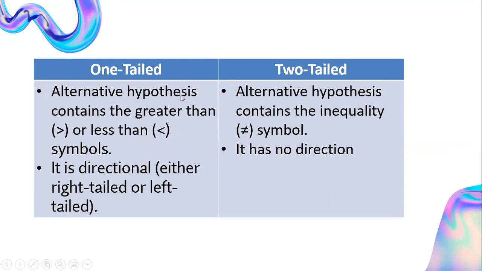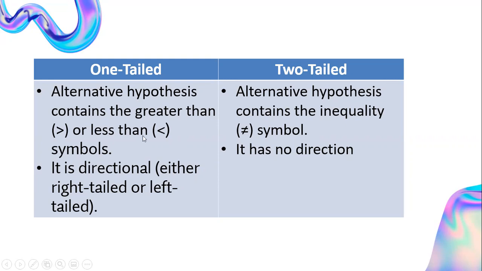If you use the words greater than or less than, it's a one-tailed test, meaning it has a direction. That's why we say one-tailed test is directional. Greater than means going to the right, less than going to the left. So a one-tailed test can either be right-tailed if you use the word greater than, or left-tailed if you use the word less than.